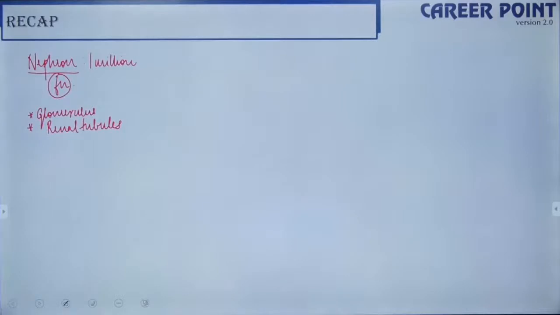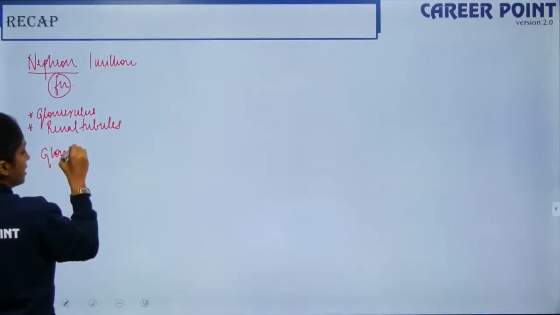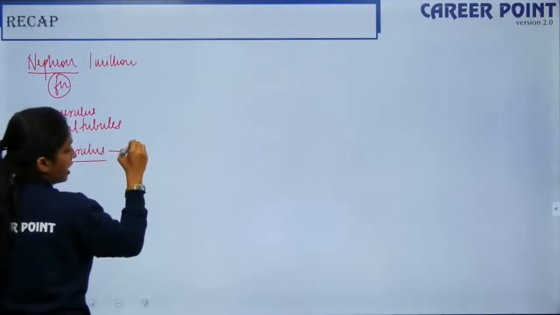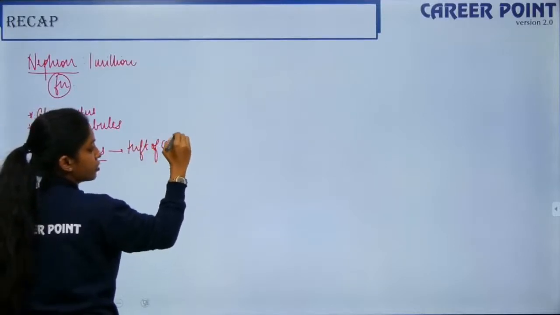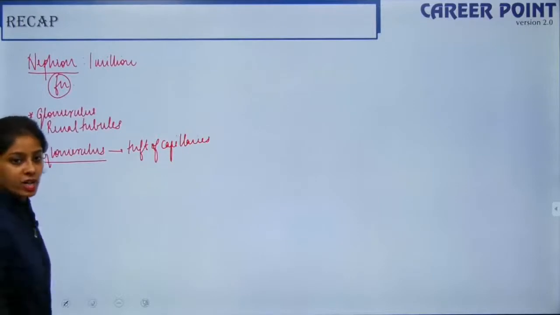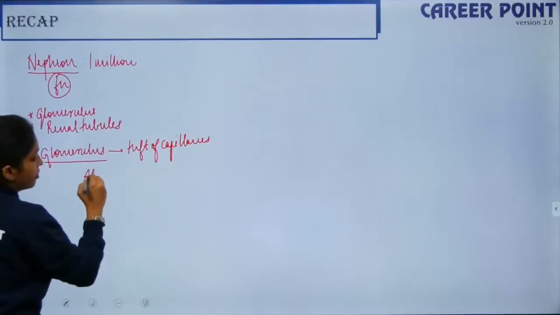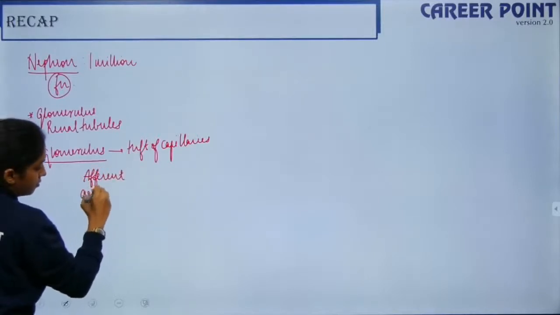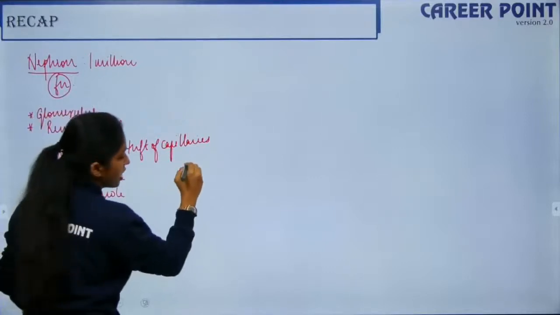What is glomerulus? Glomerulus is a network of capillaries. It is a tuft of capillaries. Here we have two arterioles. One is afferent arteriole and the other one is efferent arteriole.